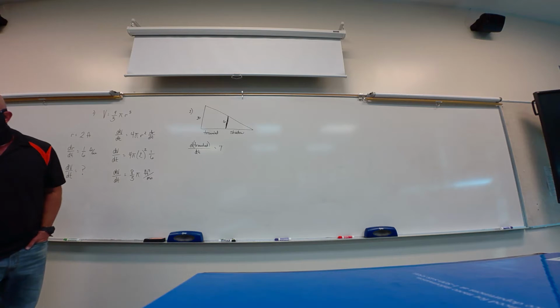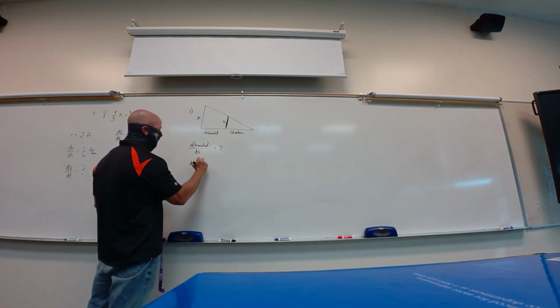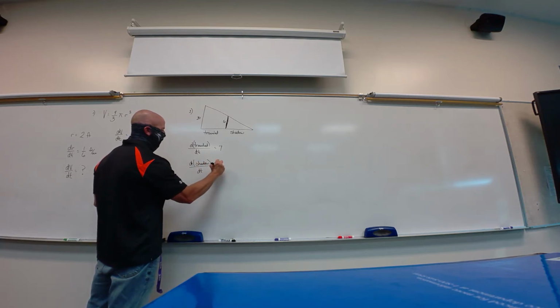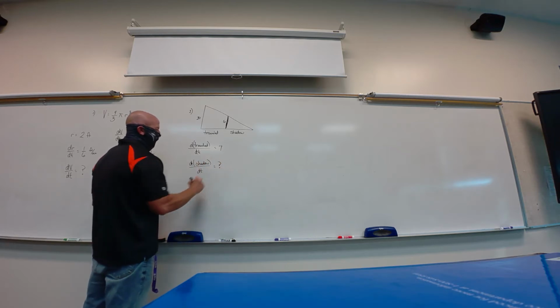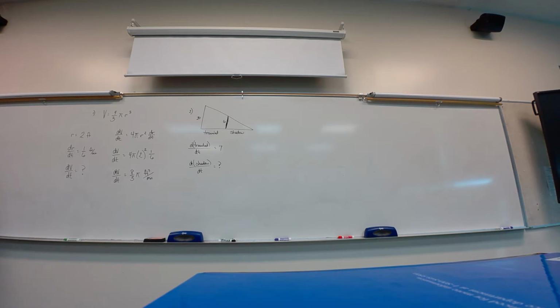I'm looking for the length of the shadow, so that would be d shadow dt is what I'm looking for. And again, I put words in here instead of variables to make you understand it really doesn't matter. We're talking about different rates. Okay? Typically, I know I wouldn't use an S for a variable because it looks like a 5 half the time when I write it. All right? But I don't care if there's a word in there or not. It's not going to change anything to me.